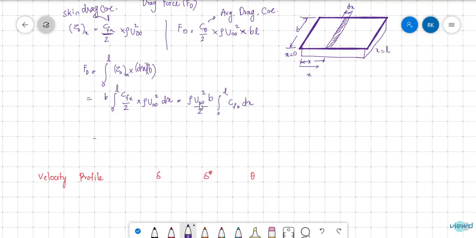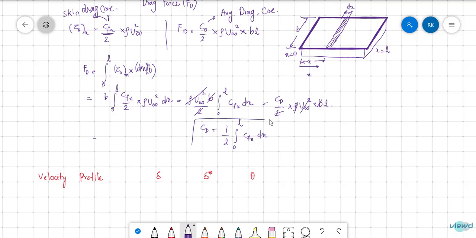Now equating these two, this will be CD by 2 into rho u infinity square into BL. Now rho u infinity square B and 2 get cancelled, and CD will be 1 by L integral 0 to L Cfx dx.